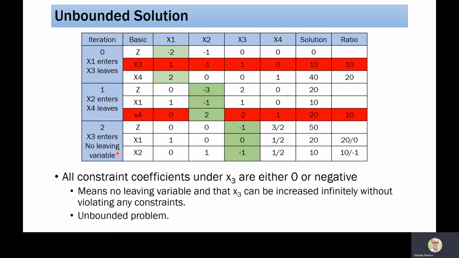As and when this condition occurs, we can say that we have an unbounded problem. Again, we have an entering variable as per the Simplex step, however there is no leaving variable based on the non-negative ratio. This suggests that the problem is unbounded.